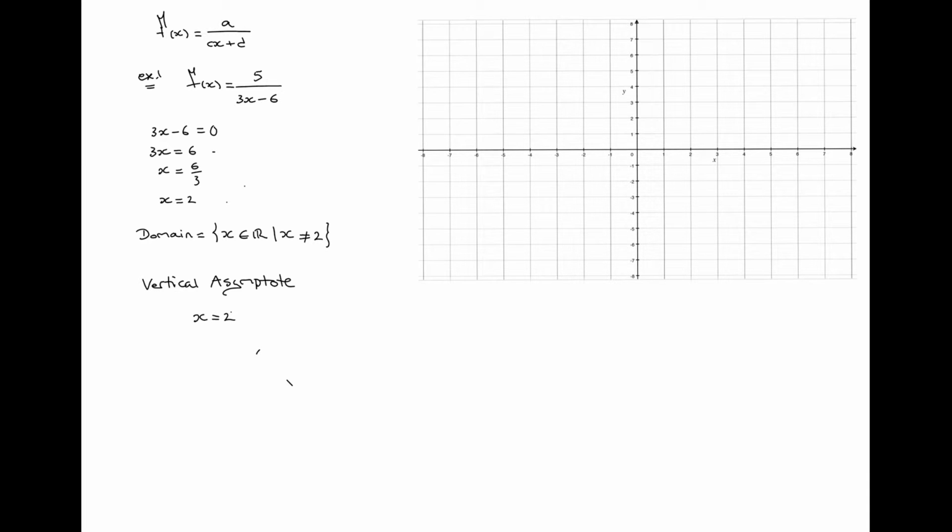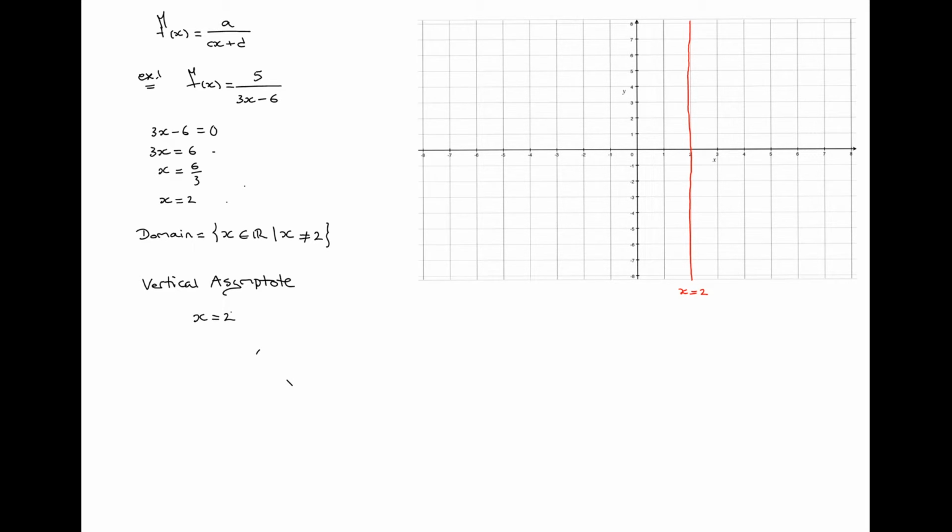In fact, you can go ahead with your calculator, and if you plot the curve y equals 5 over 3x minus 6, you should see that at x equals 2, the curve seems to split into two parts. That line, x equals 2, is the vertical asymptote, and the value x equals 2 is the one value of x which isn't inside this function's domain.